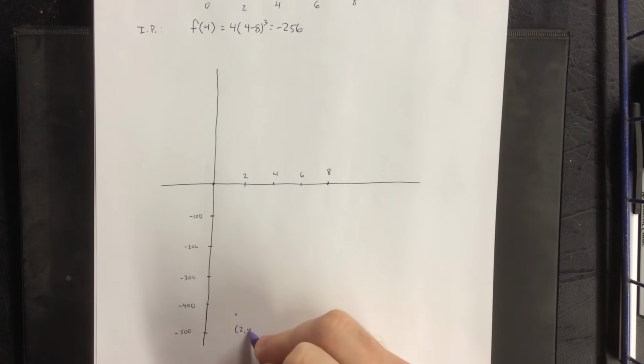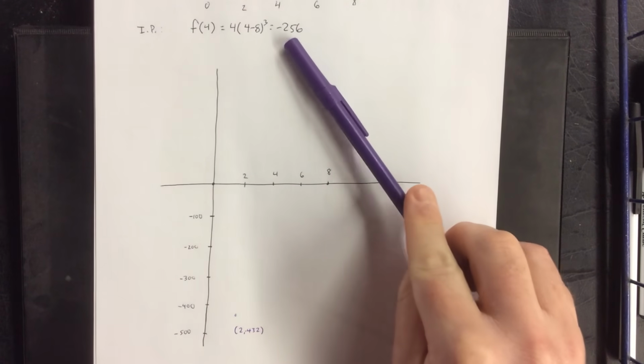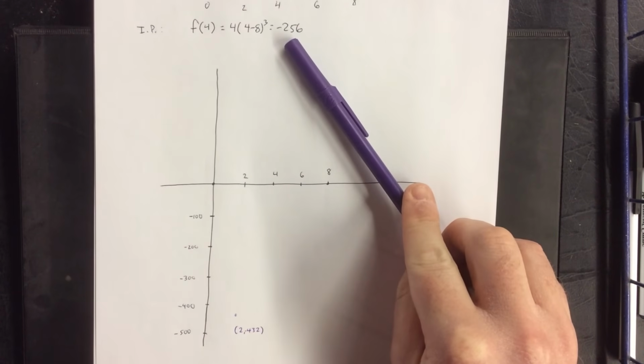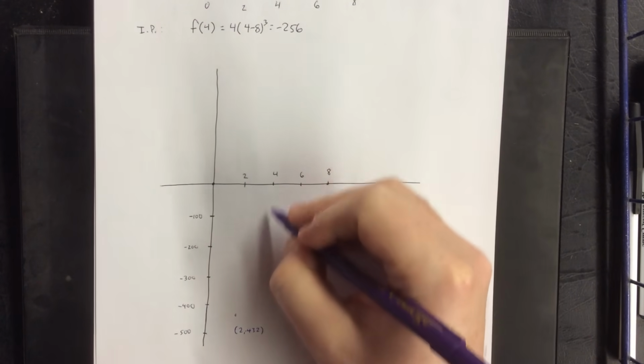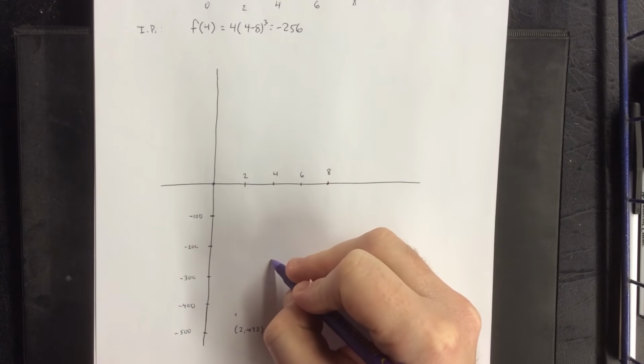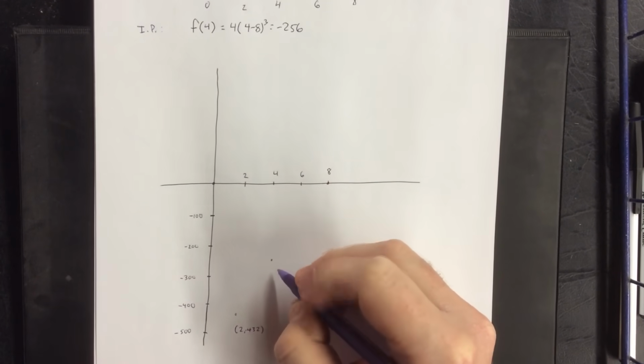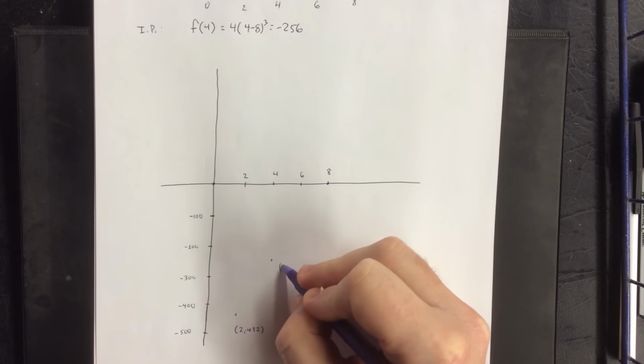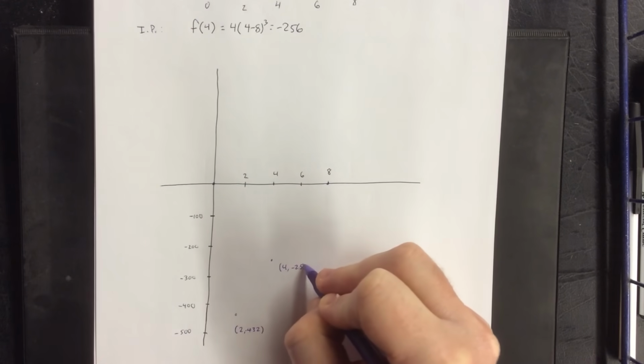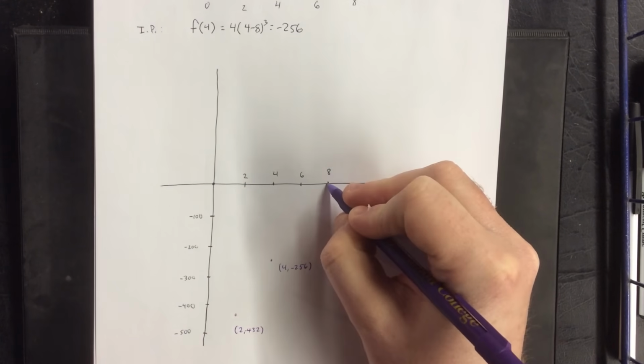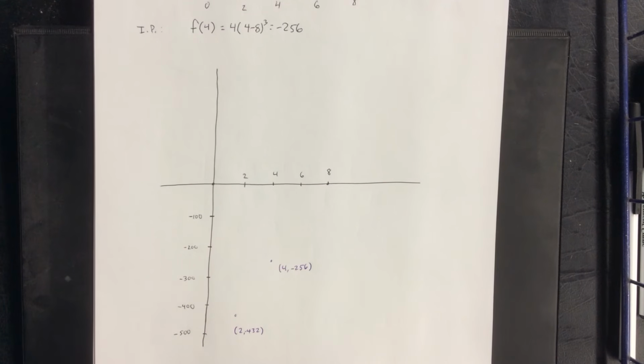That should be right about in that range right there. We had an inflection point at 4, negative 256, so about halfway in between negative 200 and negative 300. We'll see an inflection point. Negative 256. Then that came over to 8.